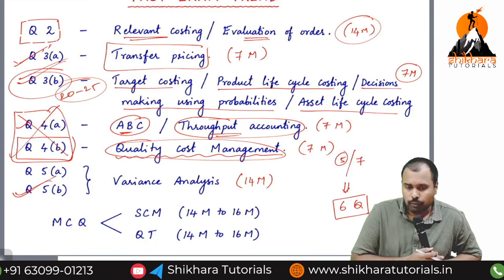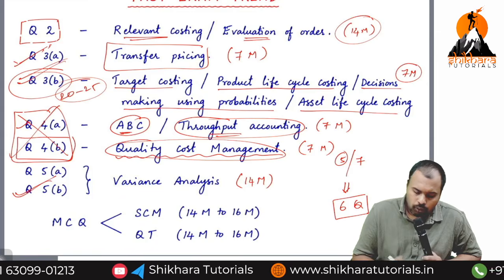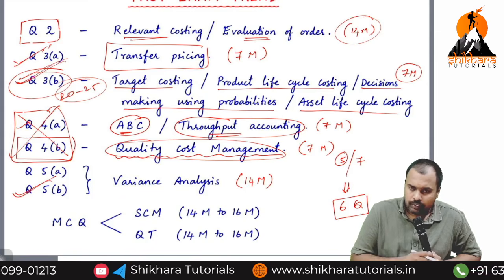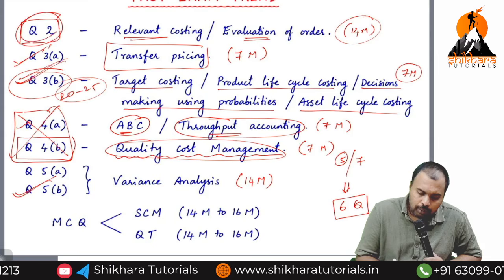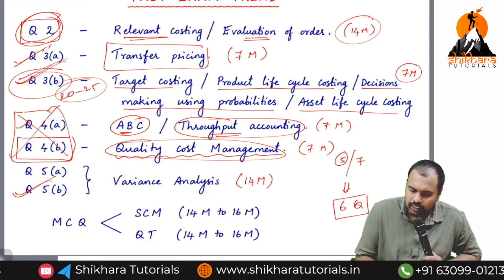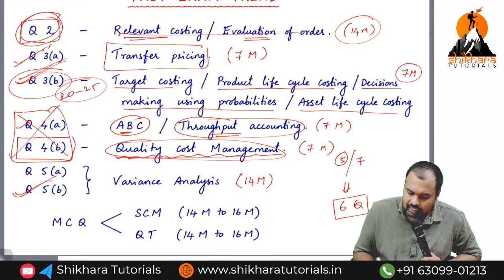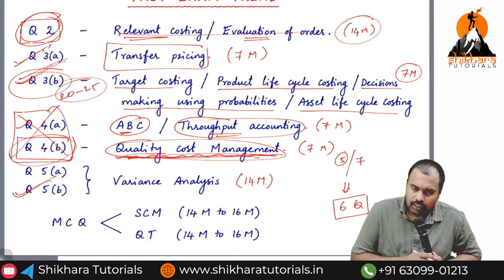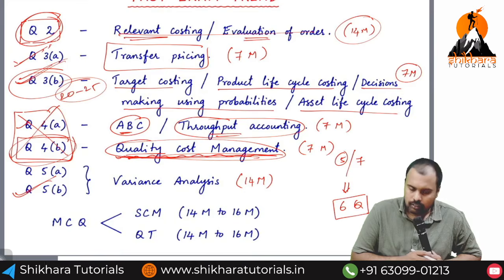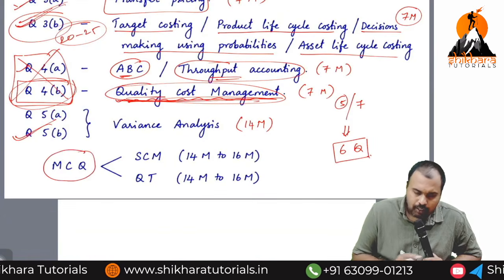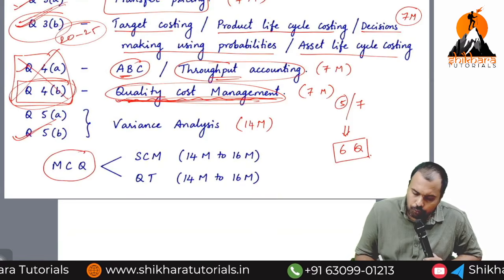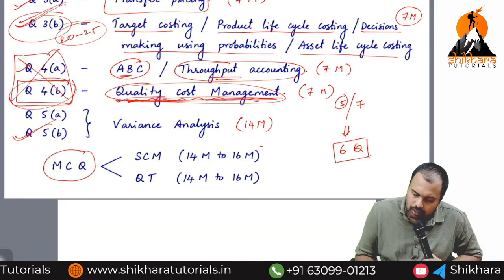Got it, right? So do not leave 3B, study properly, because the questions are very simple. But the question they are giving is a little bit tricky. So either this, or as we are getting theory here, this we have to take as a choice. Clear?